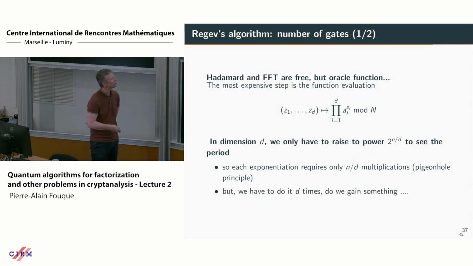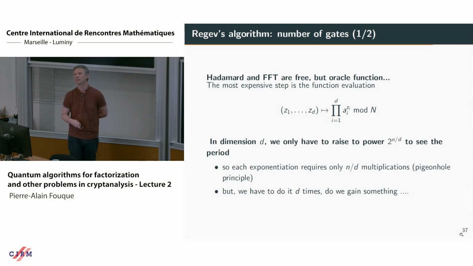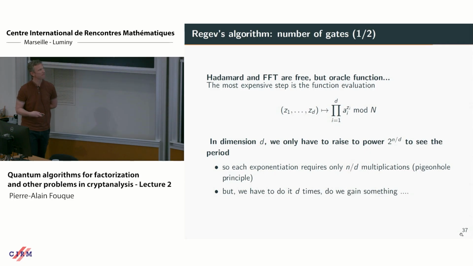But in fact, we have to do this D times. Okay? Because I have to compute this value up to size 2 to the n over D, but I have also to compute this product, and so I have to do this computation D times. Okay? So I'm not sure that it will be helpful for me. Okay?